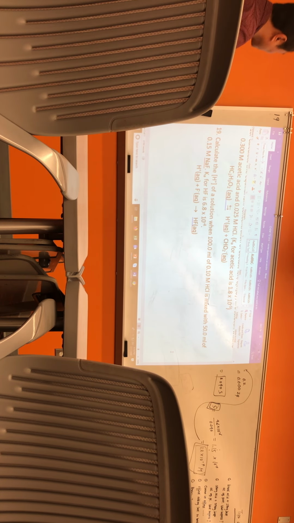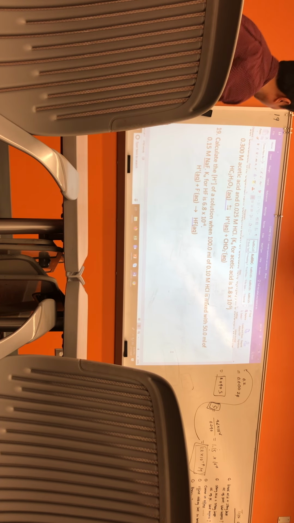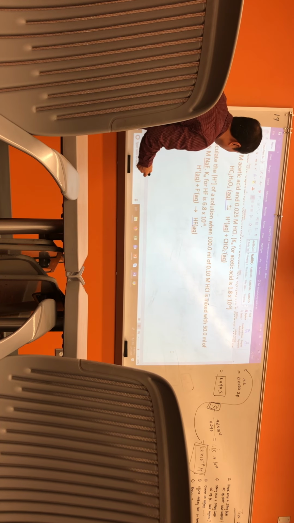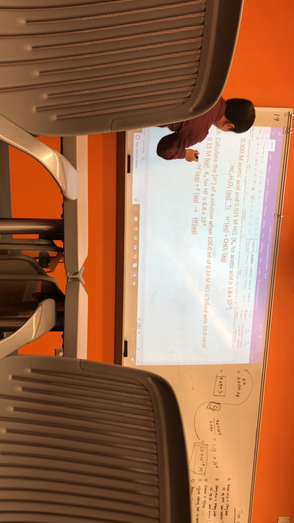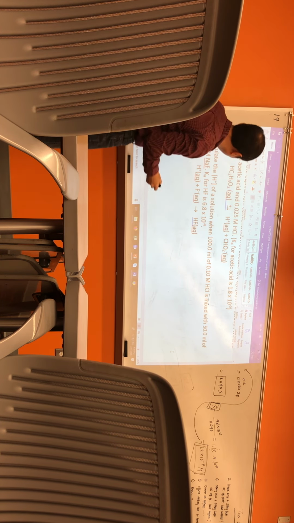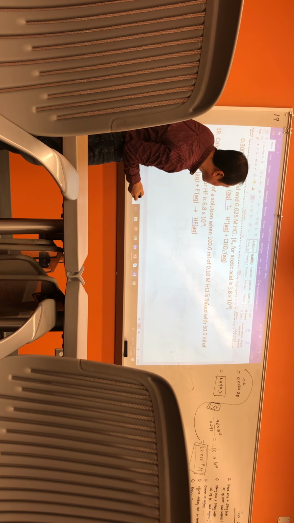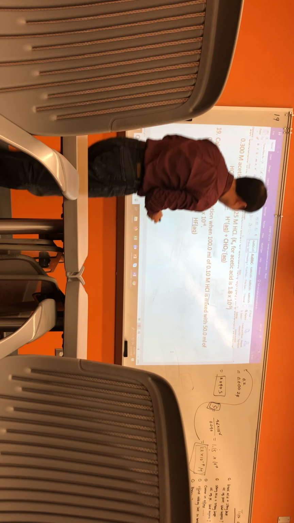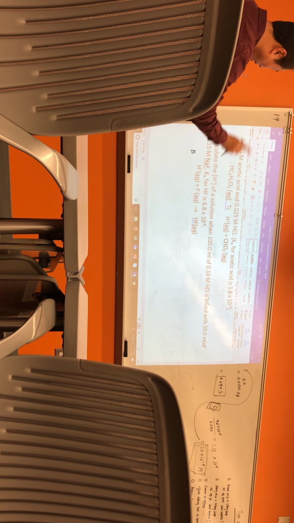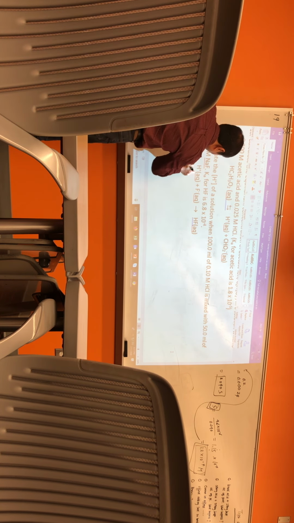Calculate the hydrogen concentration of this mixture, K value is that. So we have the amount of this guy, 100 milliliter and 0.1. If we multiply, it is 10 millimole.